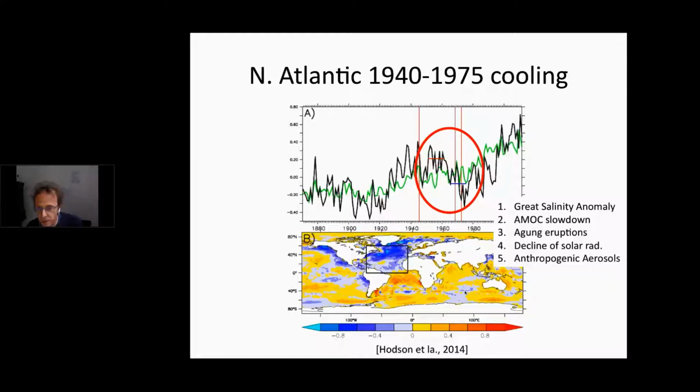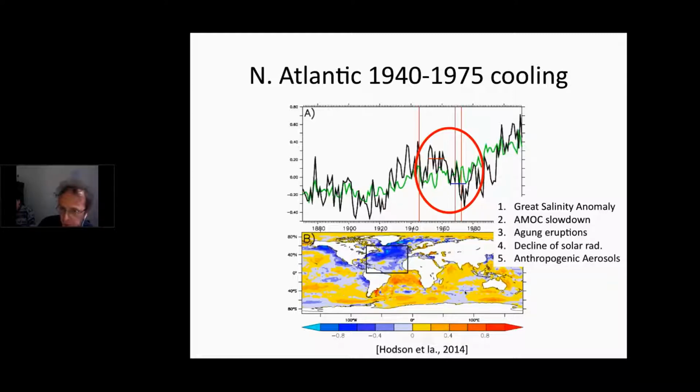Some authors have suggested a number of potential candidates that might have explained this cooling, some pointing to the Great Salinity Anomaly, a large freshwater anomaly that might have determined this slowdown by affecting the thermohaline circulation. Others have pointed to the AMOC slowdown itself, probably due to some warming of the atmosphere.